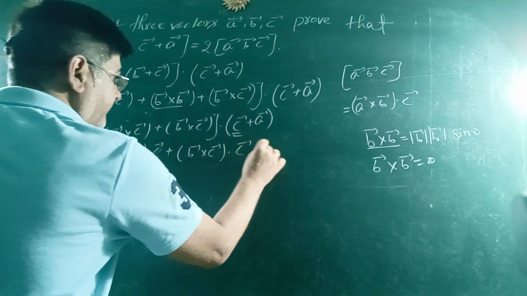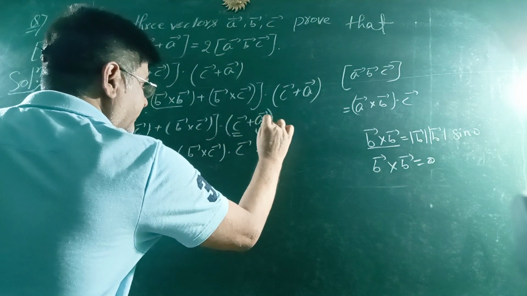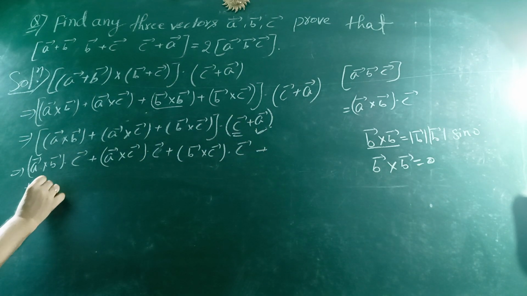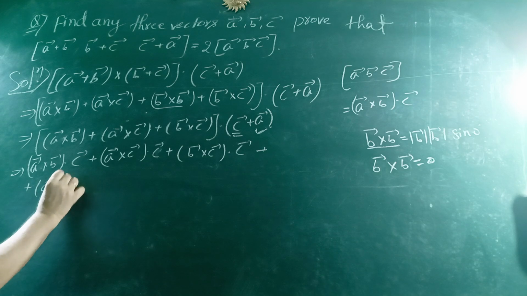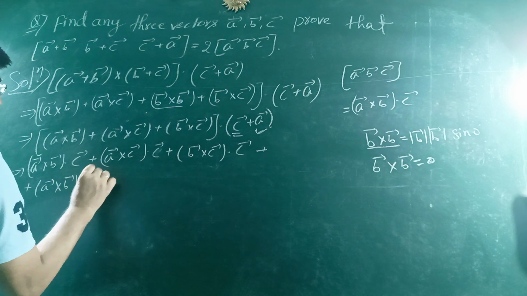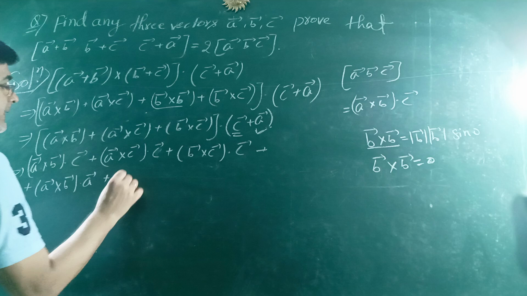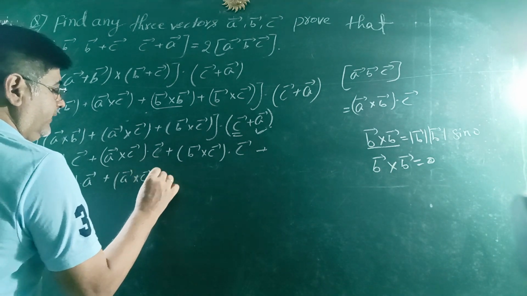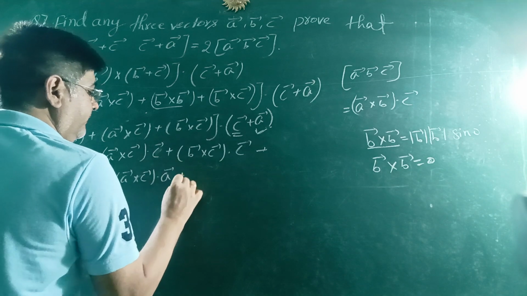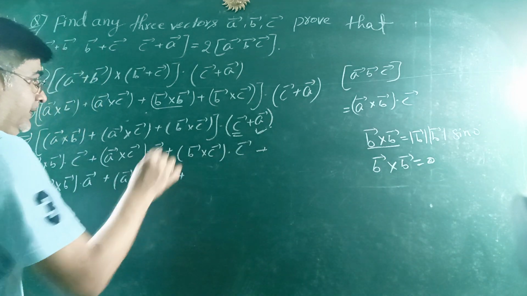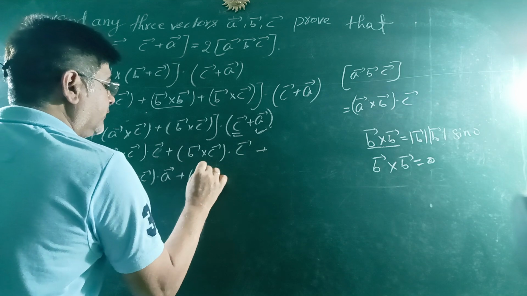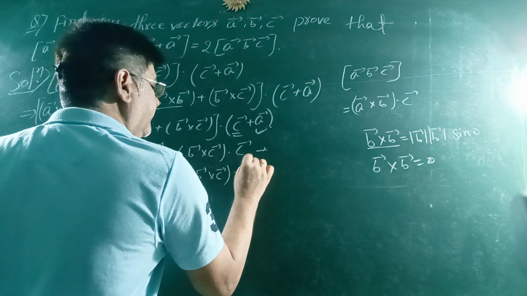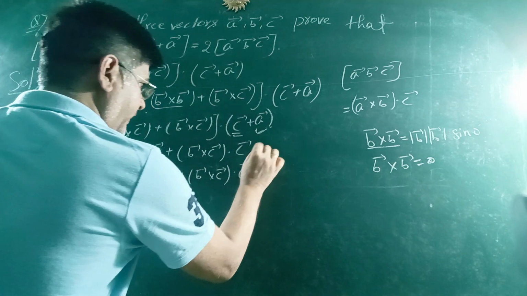And another, now A vector is multiple of this term, so plus A vector cross B vector dot A vector and plus A vector cross C vector dot A vector plus B vector cross C vector dot A vector. This is the final result.